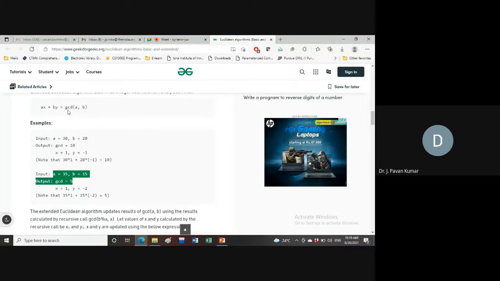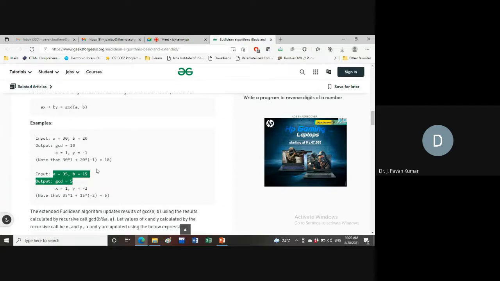So in the worst case we will have 1 as the GCD. In other cases we can have some larger number as the GCD. Now the point is, for any two numbers a and b we can write ax plus by is equal to GCD, and here x and y values can be positive or negative.